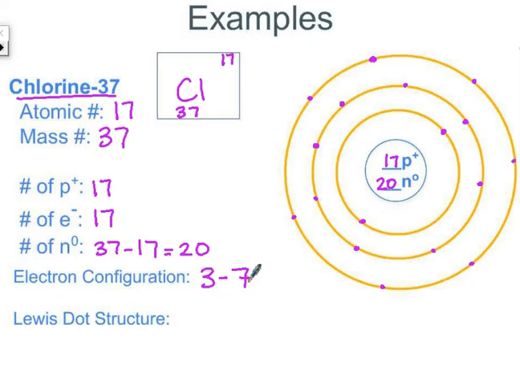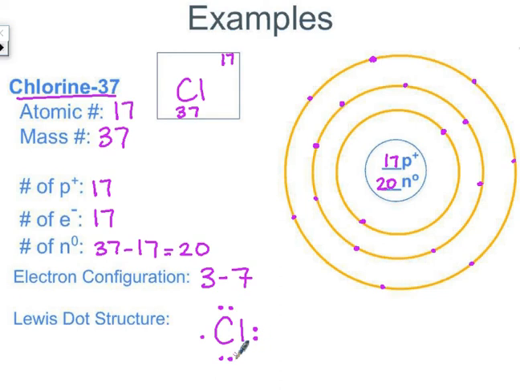Now with my Lewis dot, you're going to take your symbol, which for chlorine is Cl, and you're going to surround it by the number of valence electrons, which again are the ones on the outermost shell, so that's 7. So I fill up all the way around before I start doubling up. You'll notice that I skip around, 1, 2, 3, 4, 5, 6, and 7.